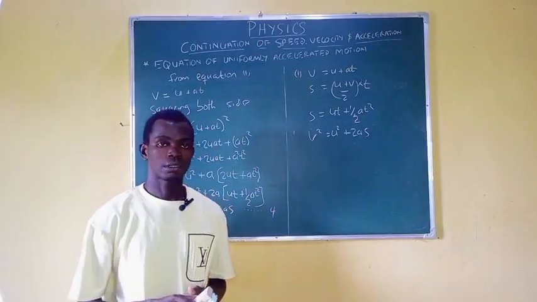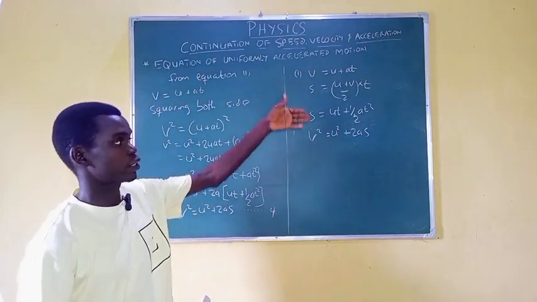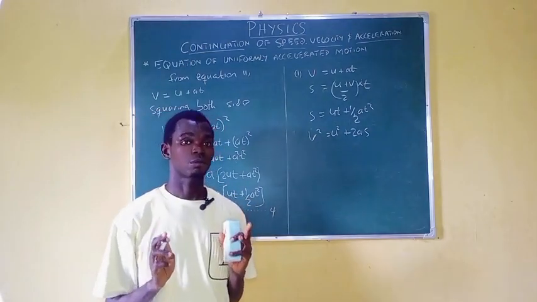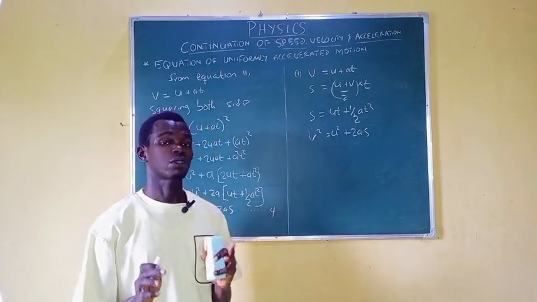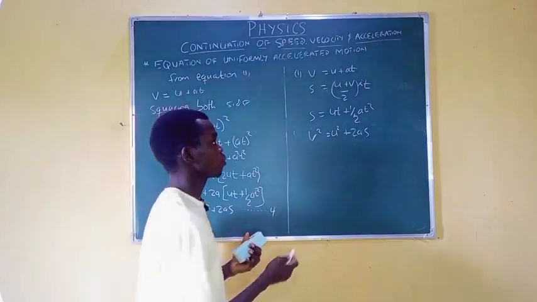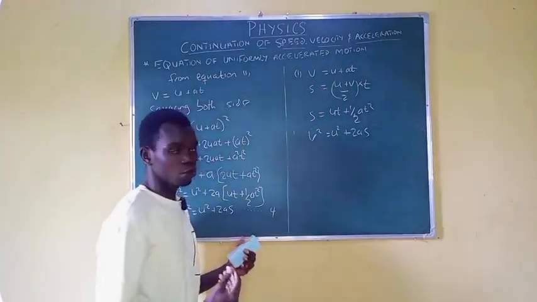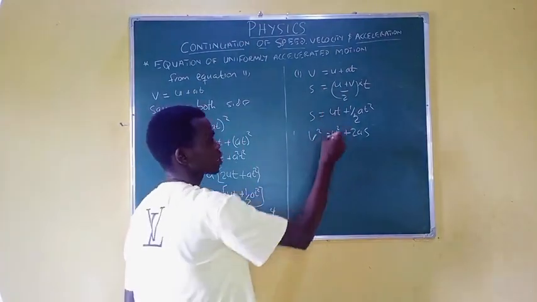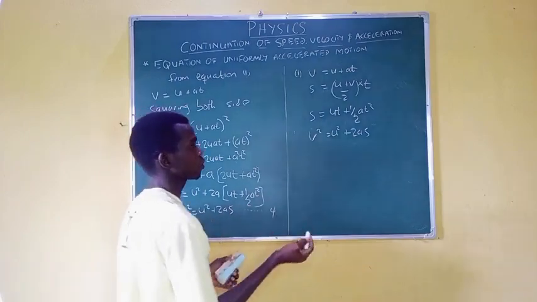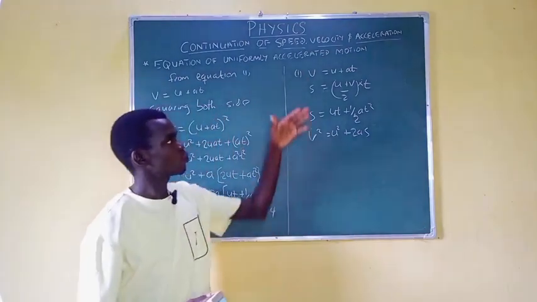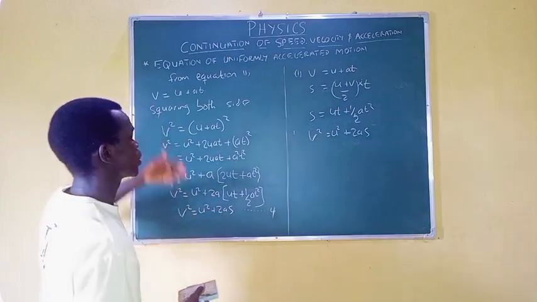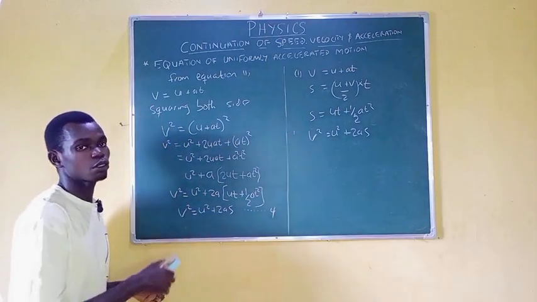The most important thing you need to know when using these four equations of motion is that three parameters will be given. From these equations, you choose the one that best suits the question. Secondly, for you to know these four equations offhand, you need to know their derivation.